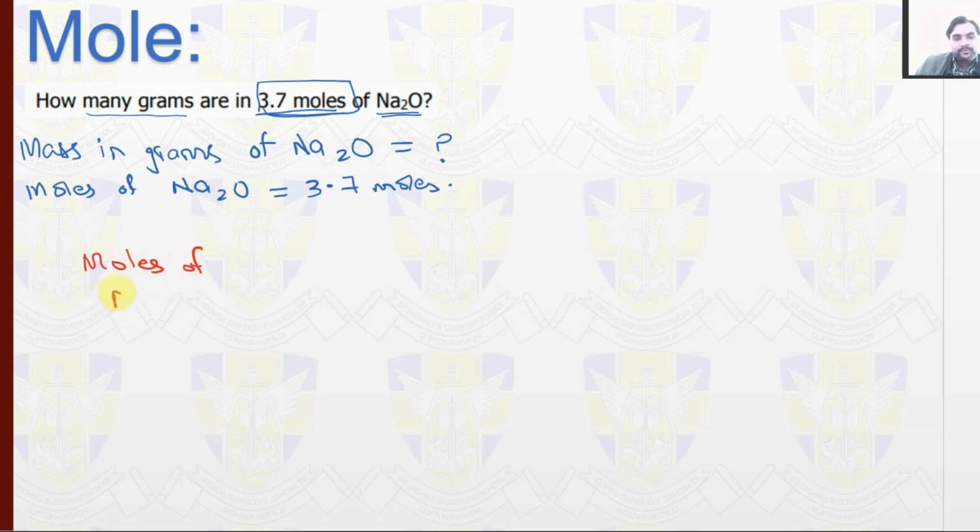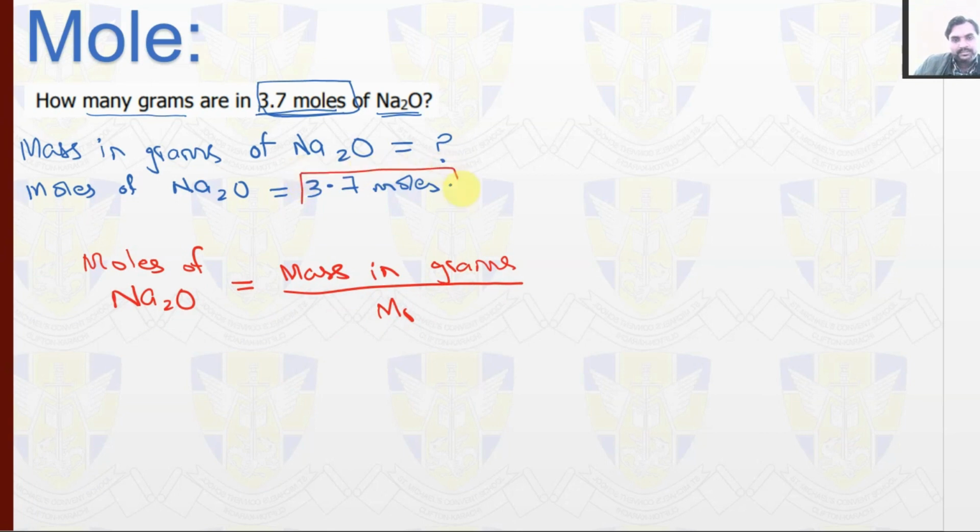Right now we have to apply this formula for Na2O, and the formula becomes mass in grams divided by, since Na2O is a compound, we would be taking MR of Na2O. Now you have to substitute the values. Moles of Na2O are already given to you, it's 3.7 in the question. So moles of Na2O are 3.7, so I have substituted the value over there, equals to, now mass in grams.